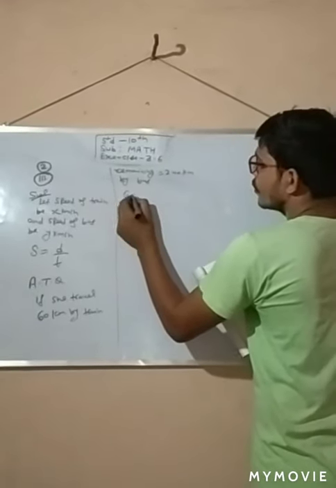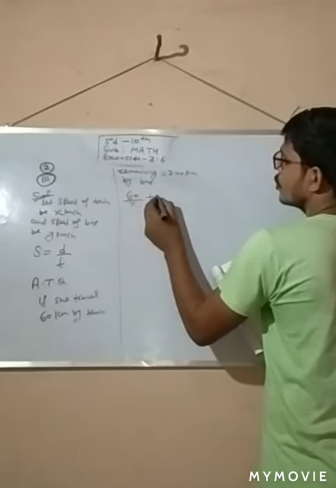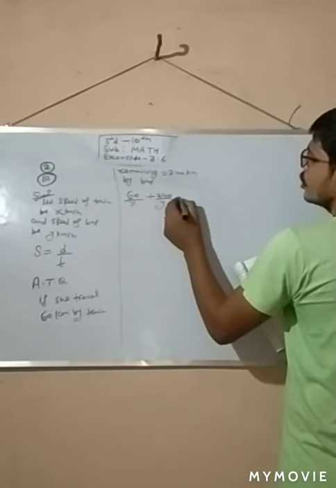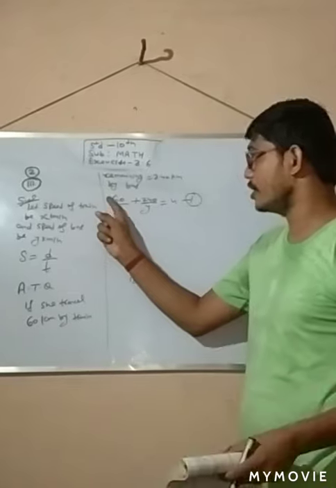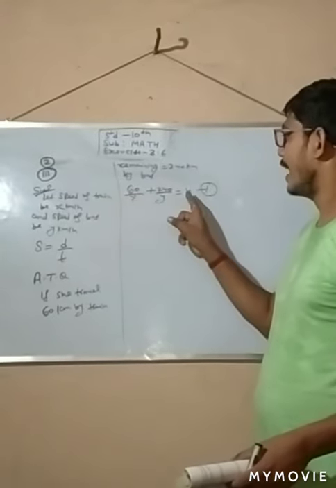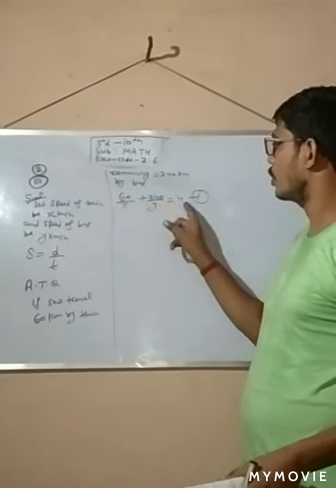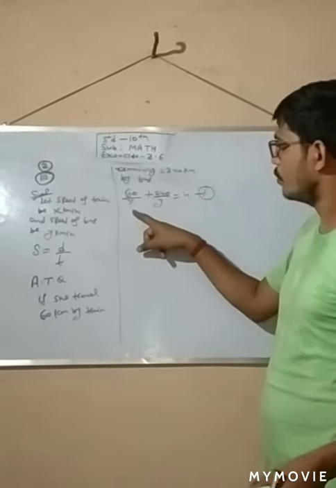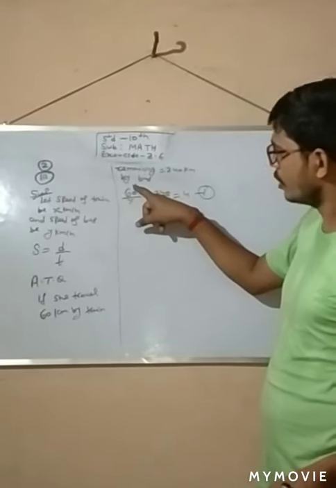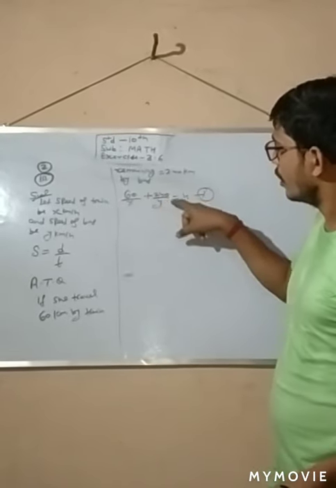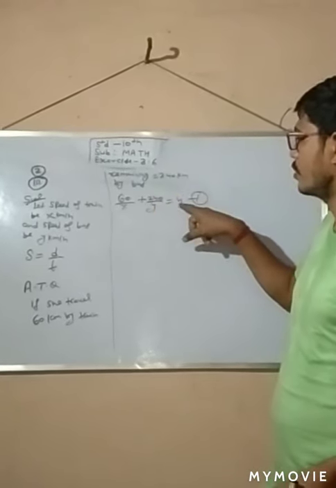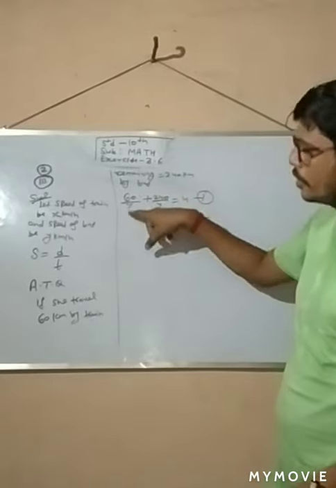So 60 upon x plus 240 upon y is equal to 4. This is equation number 1. Time is equal to distance upon speed. Total time t is equal to t1 plus t2. Now this is the distance and this is the speed of the train, and this is the time of the bus. So t is equal to t1 plus t2.